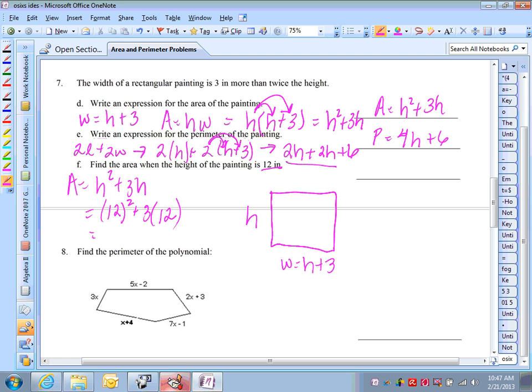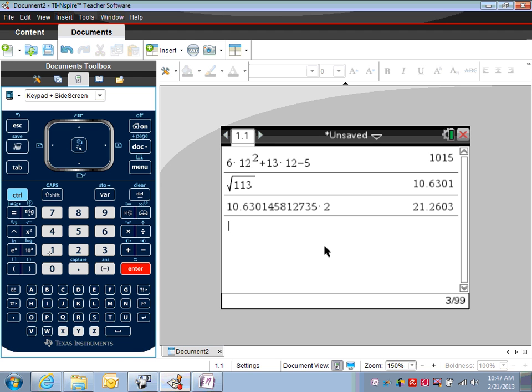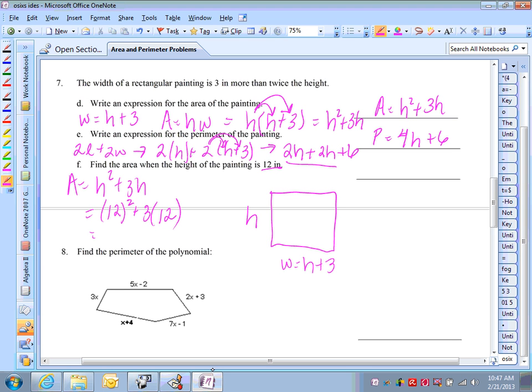So I go to my calculator and I type in 12 squared plus 3 times 12. Hit enter, and the answer I get is 180. So the area of this rectangle, if x was 12, the area is 180 inches squared, because area is always in square units.